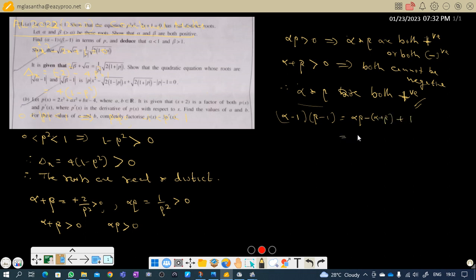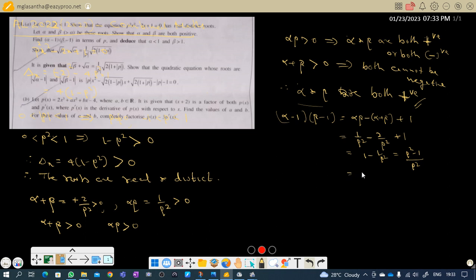So alpha beta is 1 over p squared, minus alpha plus beta, which is 2 over p squared, plus 1. So this equals 1 minus 1 over p squared. So this equals p squared minus 1 over p squared.